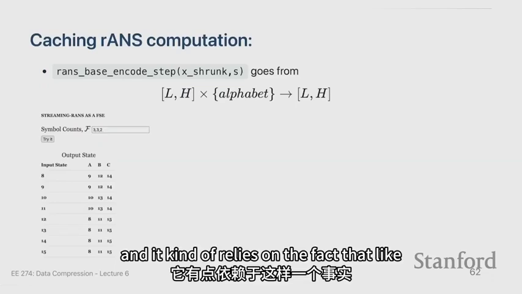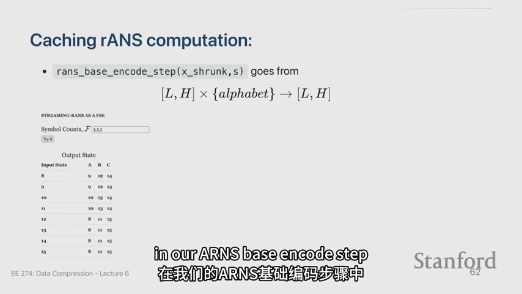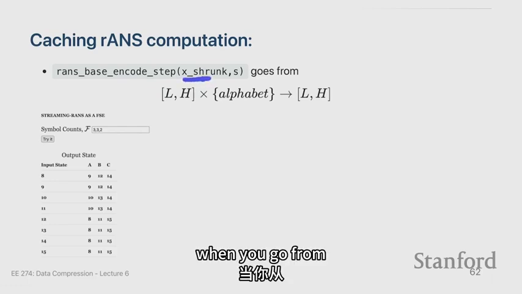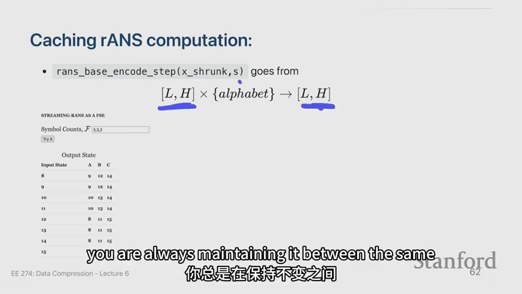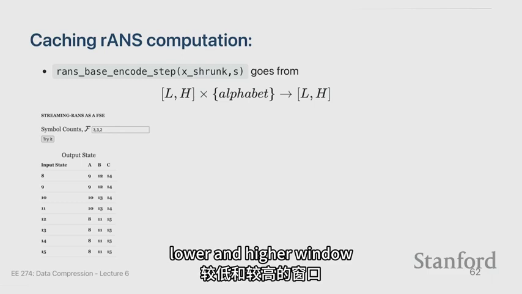And it kind of relies on the fact that in our RANS-based encode step, when you go from the state and symbol to a new state, you are always maintaining it between the same lower and higher window.